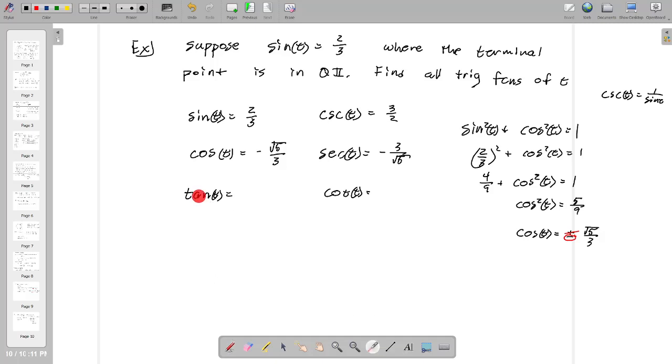We know that tangent has a relationship with secant through the Pythagorean identity, but that is the harder way to do it. You don't need to use the Pythagorean identity in order to do this. Let's work a little bit smarter. Remember also that tangent is sine divided by cosine. So all I need to do is take 2/3 and divide by negative square root 5 over 3.